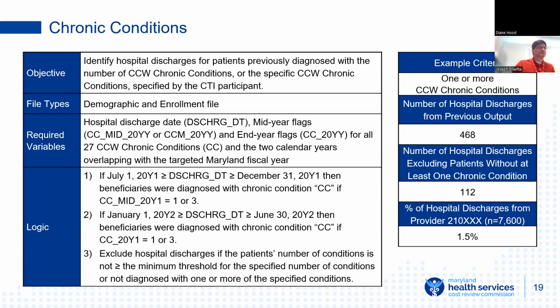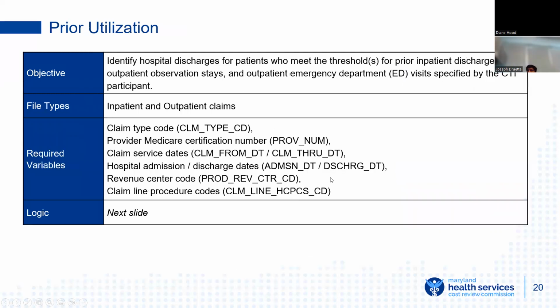All other episodes from January through June will use the end-year flag for the previous calendar year, as an indicator for diagnosed chronic conditions. After applying this to our hypothetical scenario, we went from 468 down to 112, and now our list of episodes represents 1.5% of the 7,600 original inpatient discharges.